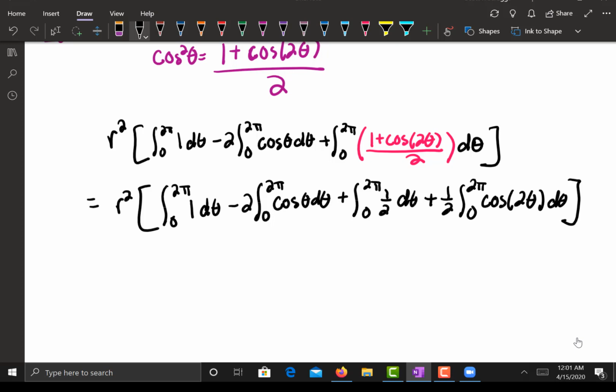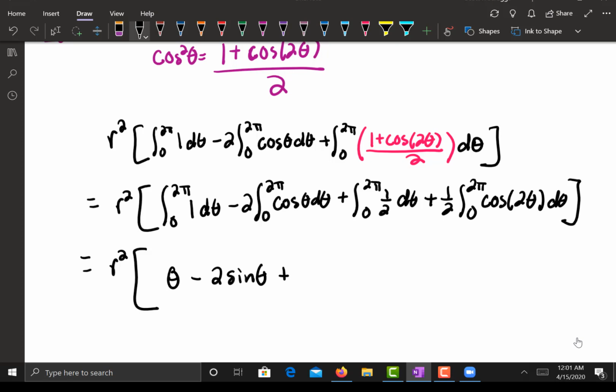And with that, let's go ahead and do this. So if I do that, I get r squared times the antiderivative of 1, which is just theta. The antiderivative of 2 times cosine of theta is 2 sine of theta.